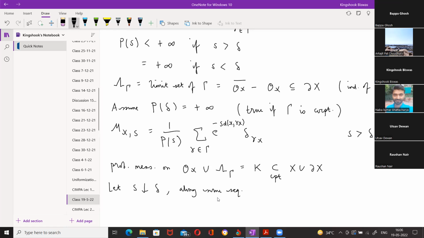Along some sequence, mu x s converges to a probability measure mu x.